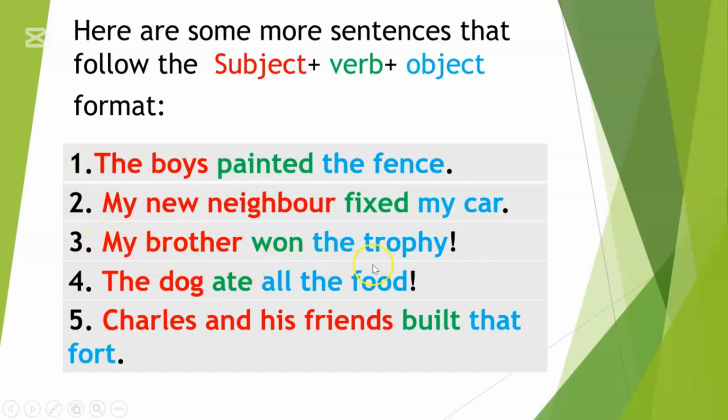My brother won the trophy. 4. The dog ate all the food. 5. Charles and his friends built that fort. So again, each of these sentences has a subject, verb, and object, where the subjects are doing some action to the objects.